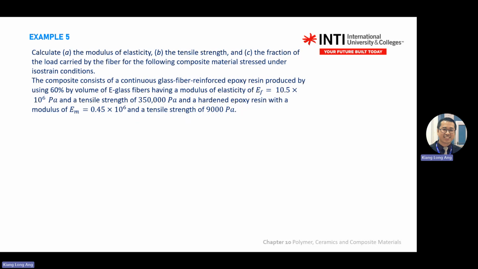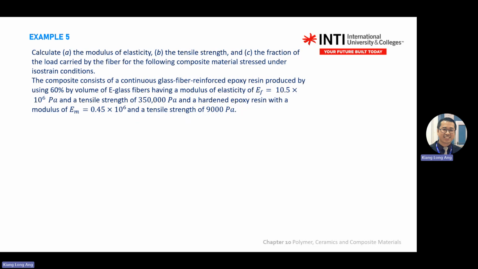You are given the parameters. The composite consists of continuous glass fiber reinforced epoxy resin. So your fiber is glass fiber, your matrix is epoxy resin. It gives you 60% volume of the fiber having modulus of elasticity of so and so, tensile strength so and so, and hardened epoxy with the modulus so and so.